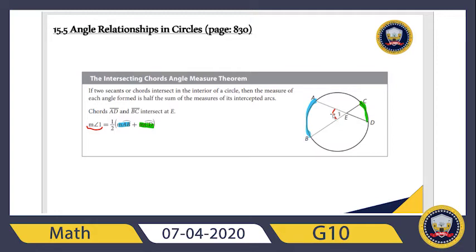So the angle AEB equals 1 over 2 times CD plus AB, which is here. That is the intersecting chords angle theorem.